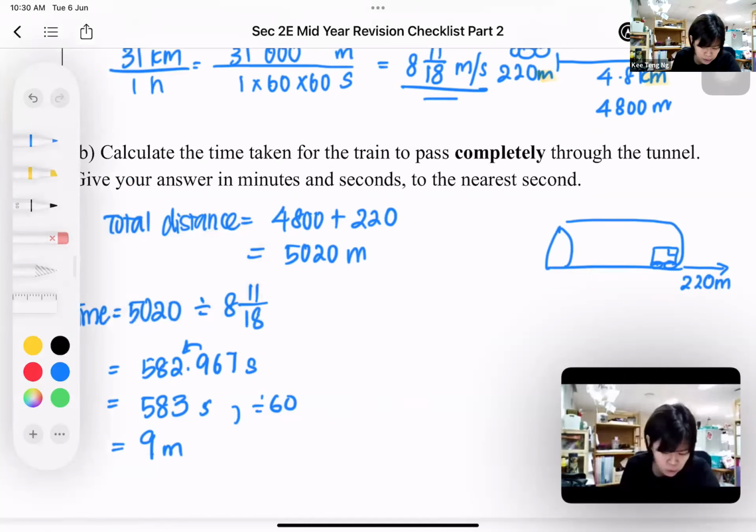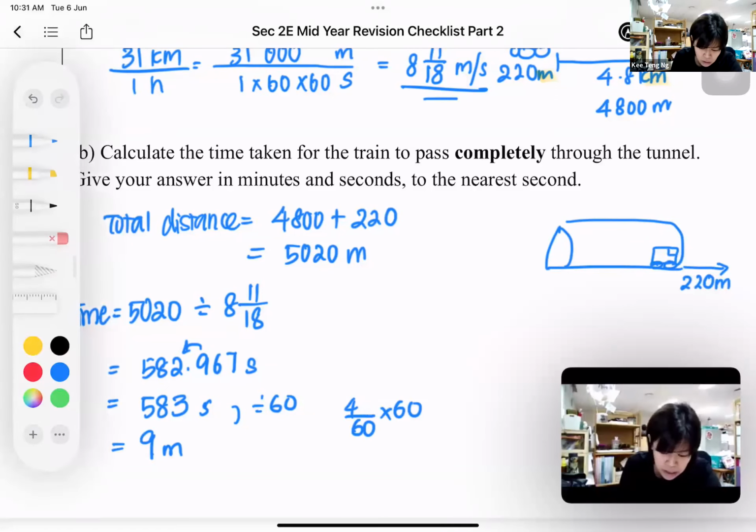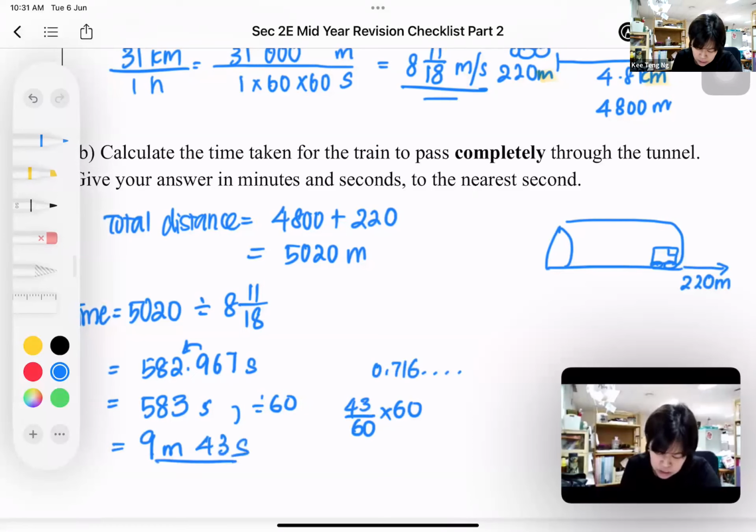What I do is I minus away my 9 minutes, so the decimal is 0.716 something. That number itself times 60 will give you 43 seconds. So the final answer will be 9 minutes 43 seconds.